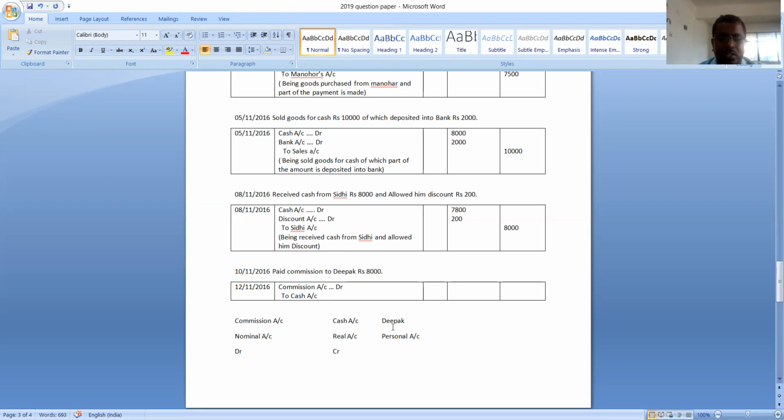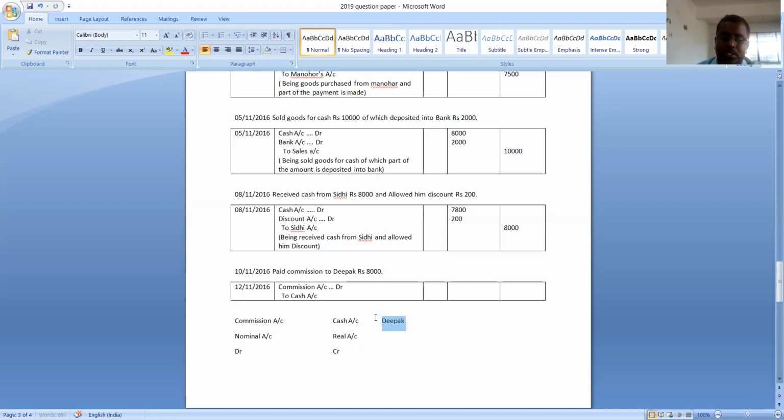Commission account is debited because it is expenses. When commission account is debited, another account should be credited. Suppose we went to credit this personal account, that is Deepak's account, then what is the credit rule of personal account? Credit is the giver, but here paid commission to Deepak means actually Deepak is the receiver. So taking Deepak's account is completely wrong when it is paid in the form of cash.